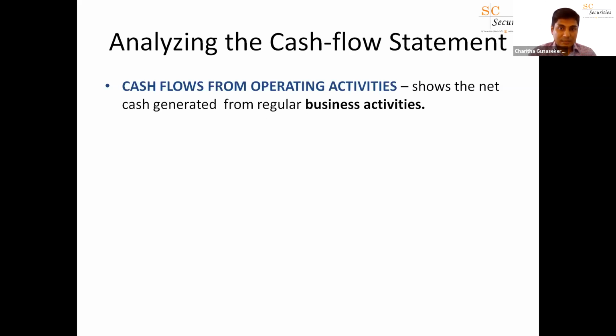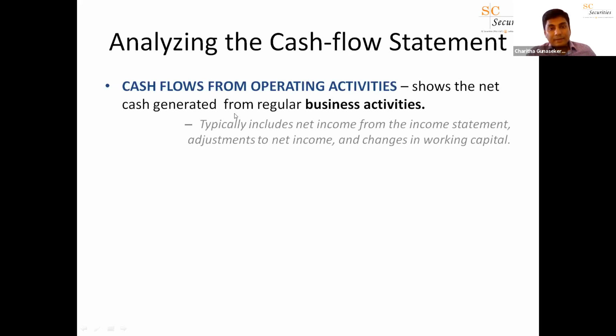If you are in the business of manufacturing, say tiles, how much cash have you generated? If you are in the business of manufacturing garments, how much cash have you generated through that business? Because that is not the only way you can generate cash. So under cash flow from operating activities, you look at your basic or core business operation.